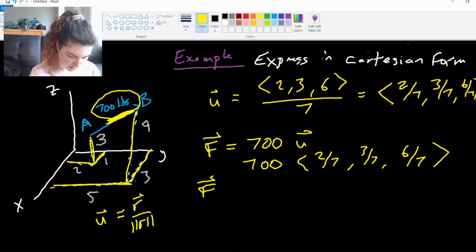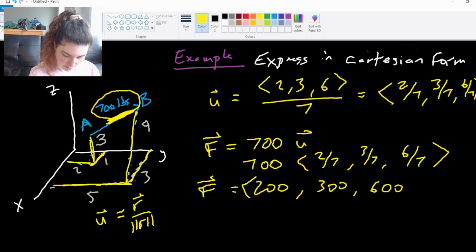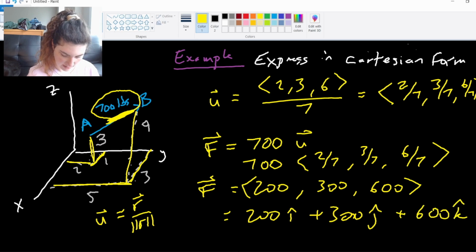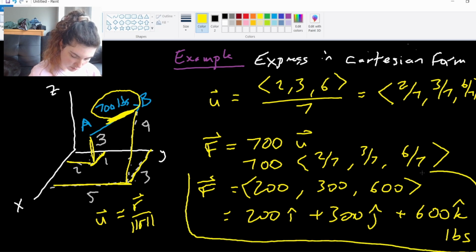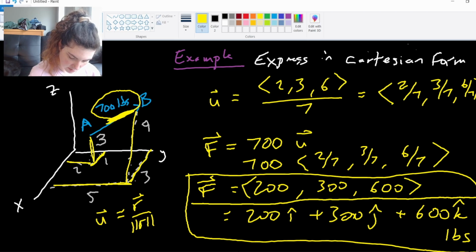This gives us our force vector of 200, 300, and 600 for the x, y, and z components, which you can write either in these brackets here, or if you prefer, you can use the ijk system, which is 200 i hat plus 300 j hat plus 600 k hat, and then of course at the end, pounds. Either one of these is a correct answer. You can write it either way. It's whatever your preference is.